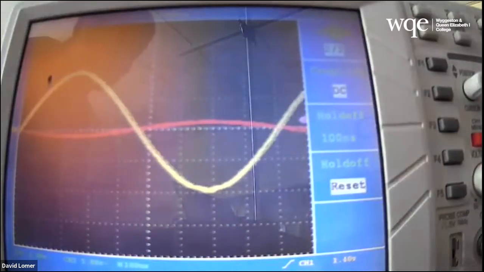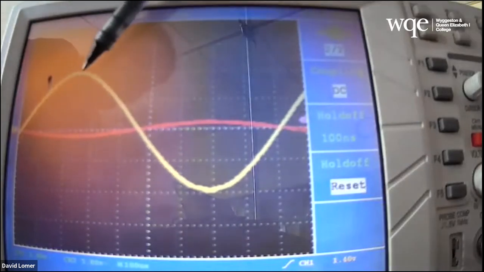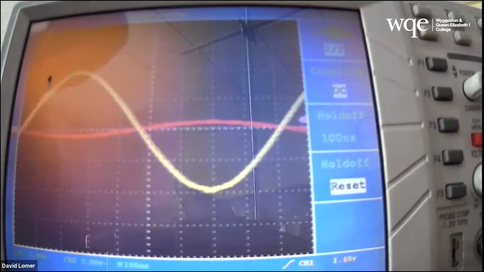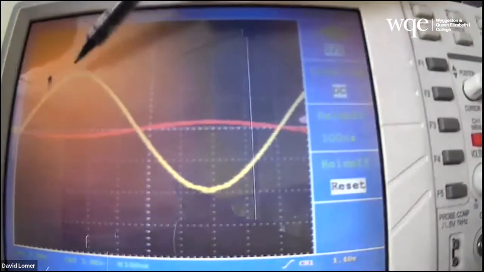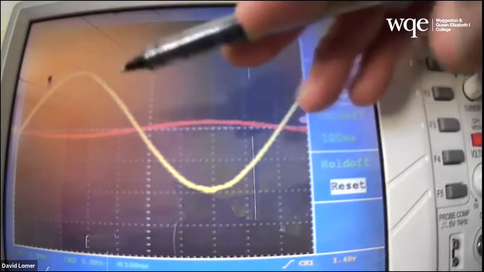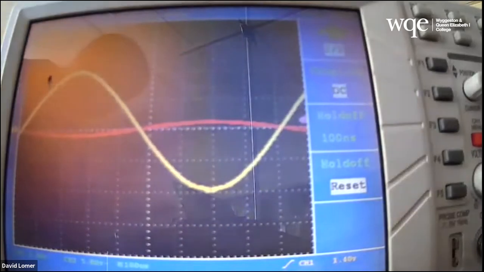Okay, so the first one is that the yellow waveform, the output, is much larger than the input, the red one. So we've got an amplification, we've got a gain, and we can measure that. We can measure that by measuring the height, the amplitude of the 2 waves. Now, I said a moment ago, each big square is worth 5 volts.